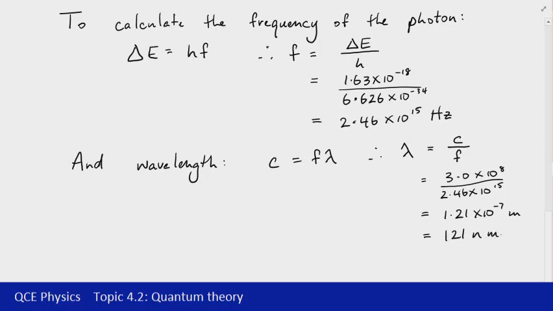So that's 121 by 10 to the negative 9. And that would be in the UV range. So it would be a UV ray.